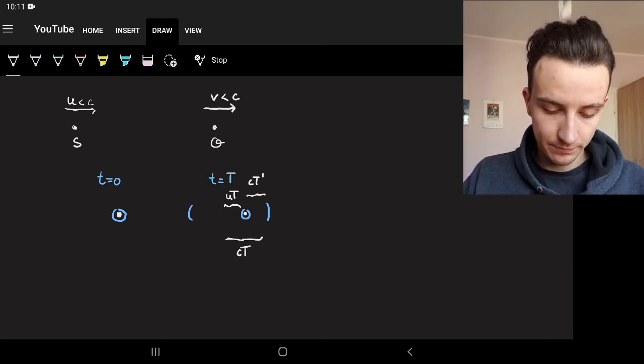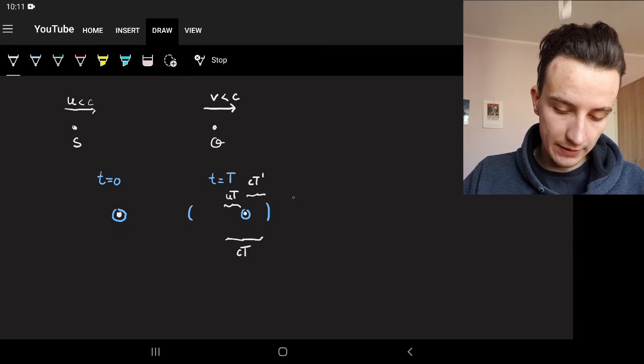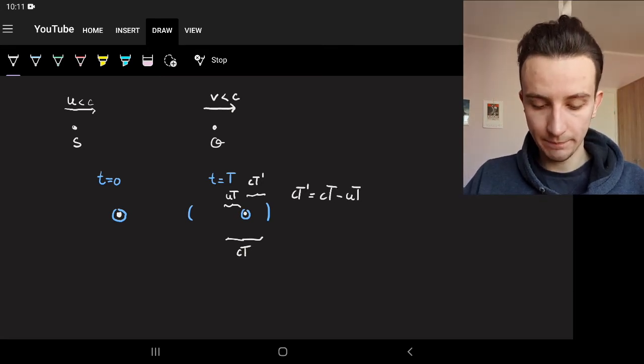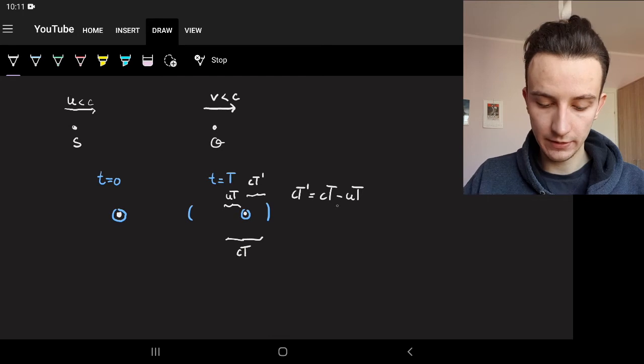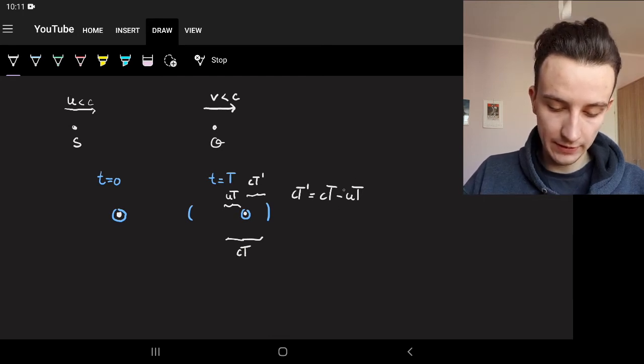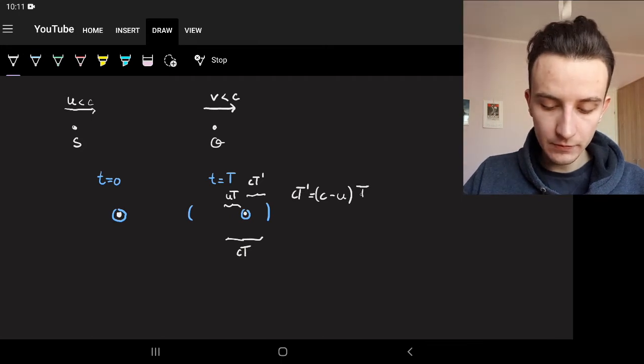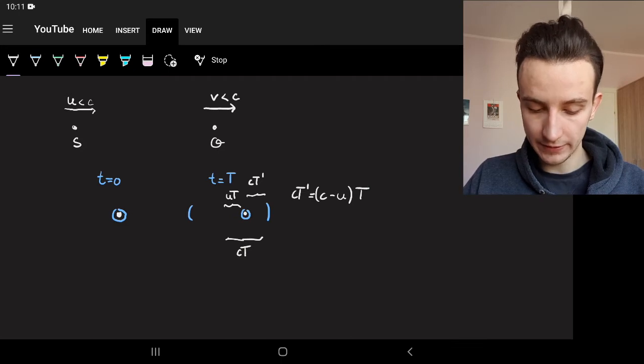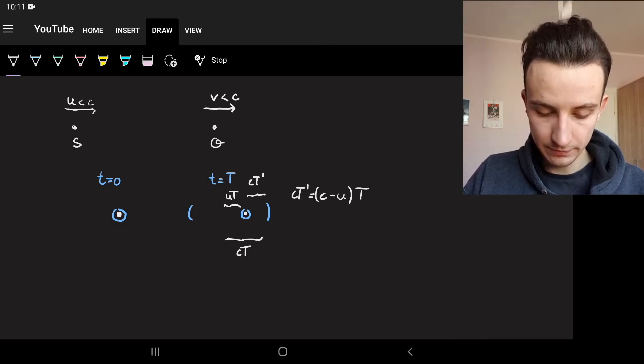So from this, we can say that cT prime is cT minus uT. And now from here, you see that if u is greater than 0, which is our case, then T prime is less than T, right? We can factor out and say that this is c minus u times T. So T prime is larger than T only if u is negative, which would be this part.